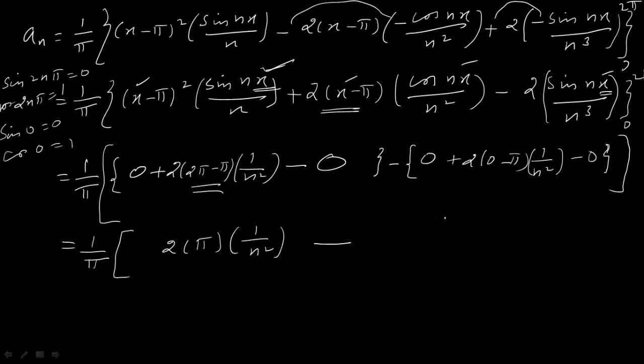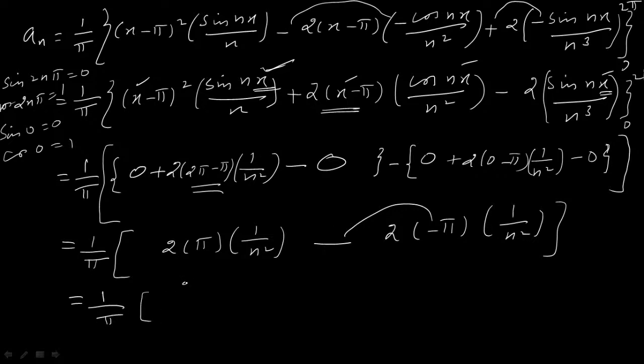Upper limit minus, coming to the lower limit, twice minus pi of 1 by n square. So these 2 minus becomes positive. So 1 by pi of 2 pi by n square plus 2 pi by n square.